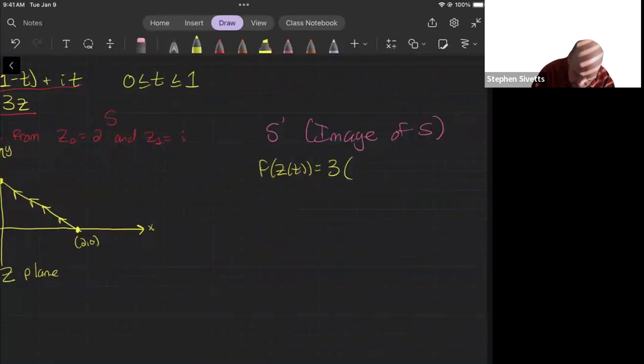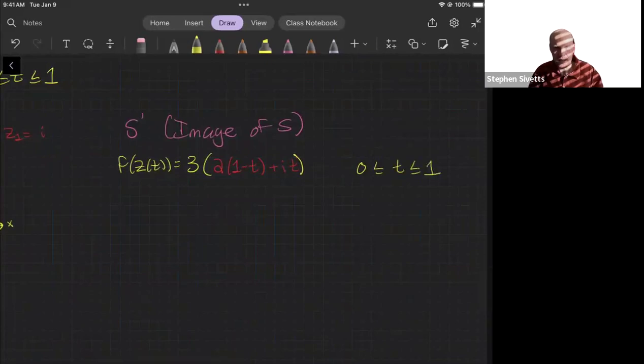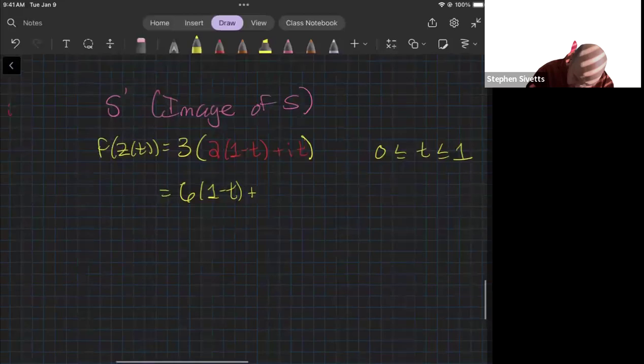In this case, it's 3 times (2 times (1 minus t) plus i times t), and t is still in between 0 and 1. The limits of your parameter t do not change, right? So this would equal 6 times (1 minus t) plus 3 times i t.